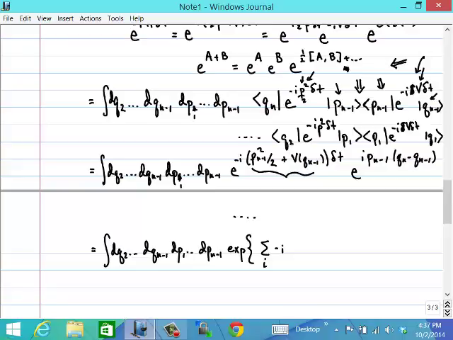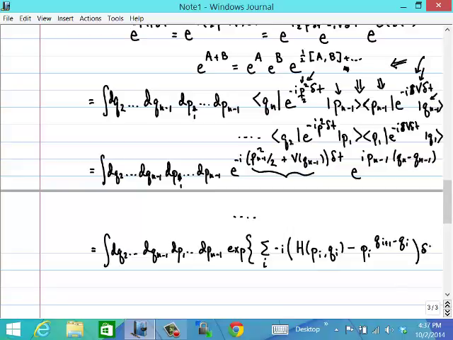Well, you have minus i times the Hamiltonian as a function of pi and qi times delta t, minus pi times qi plus 1 minus qi.